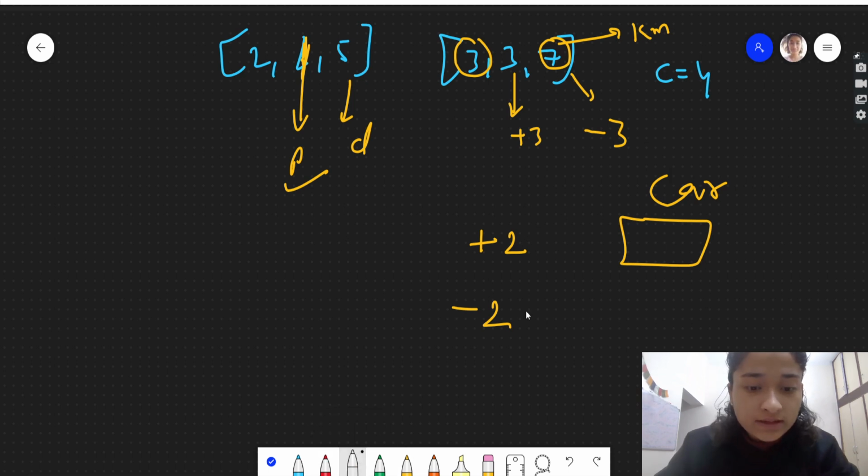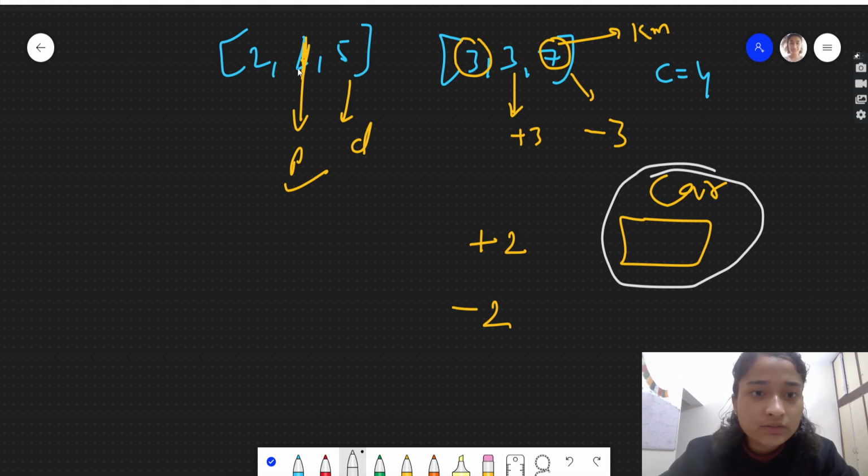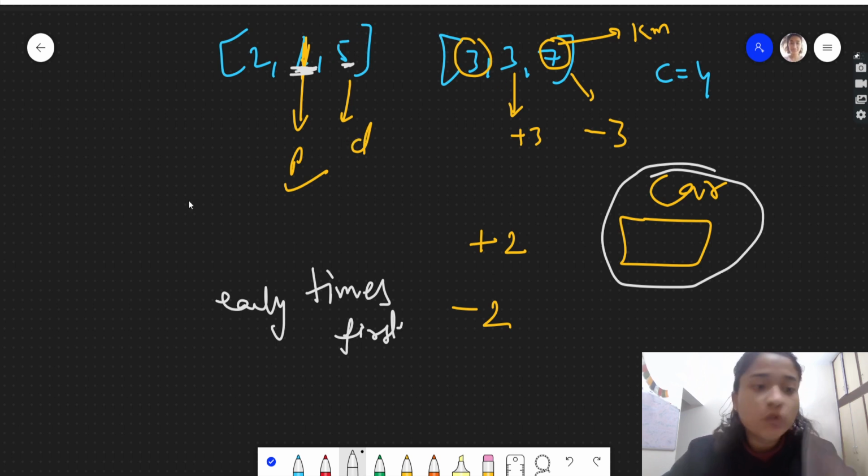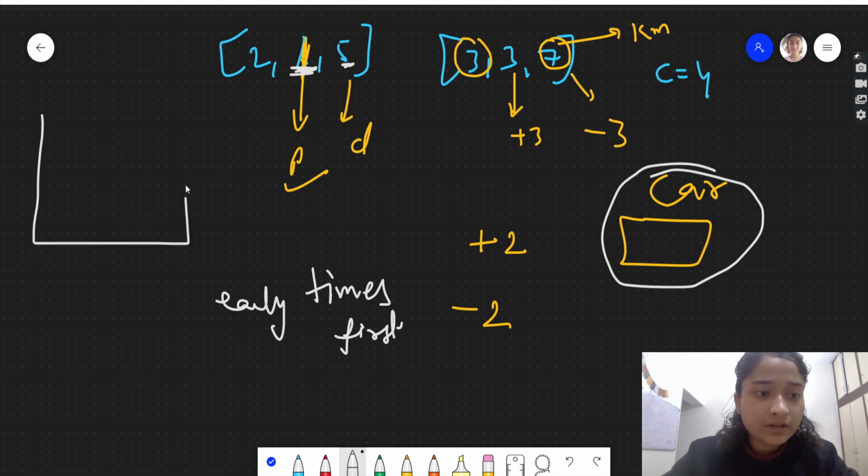Now, for this car, we need to pick the early one first. We discussed that we'll be picking early times first. So we will have some data structure in which we add whenever we are doing a pickup.